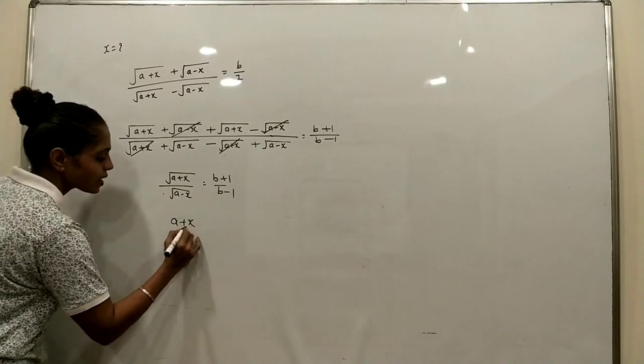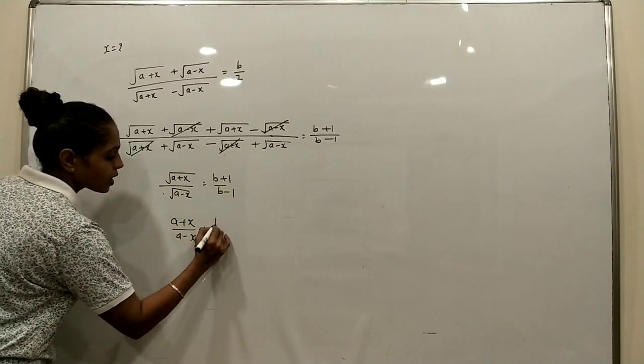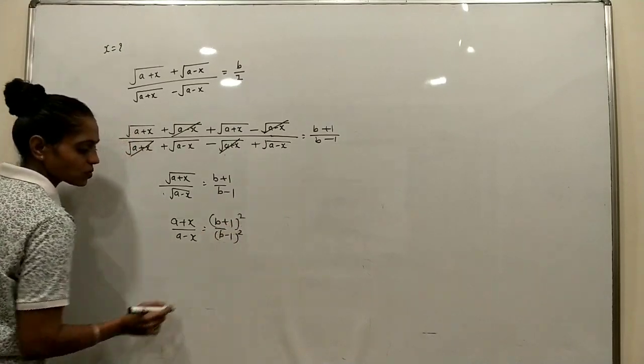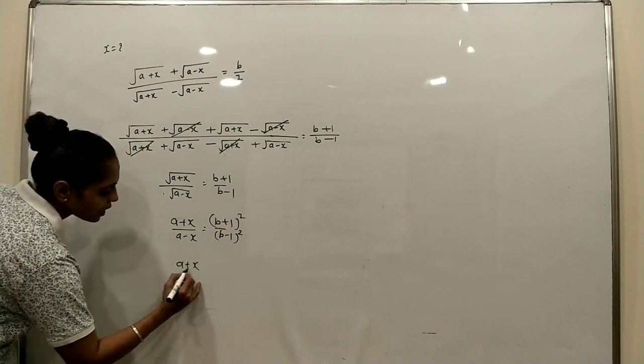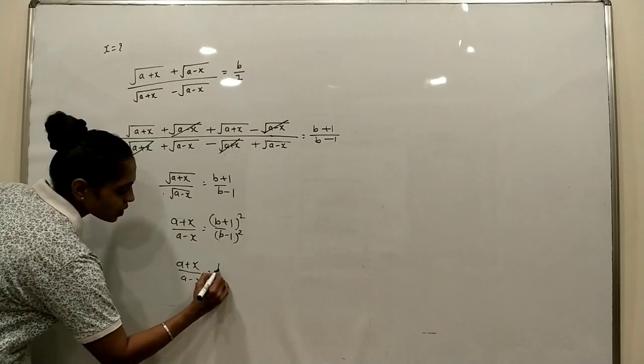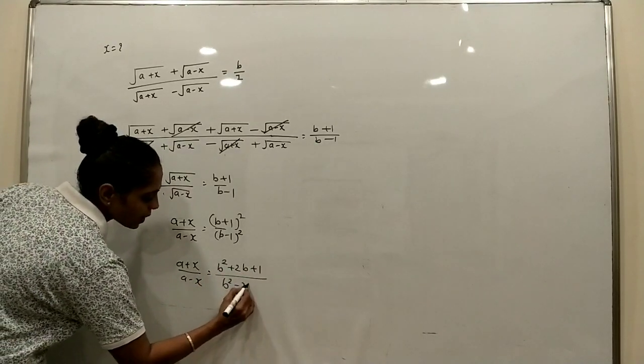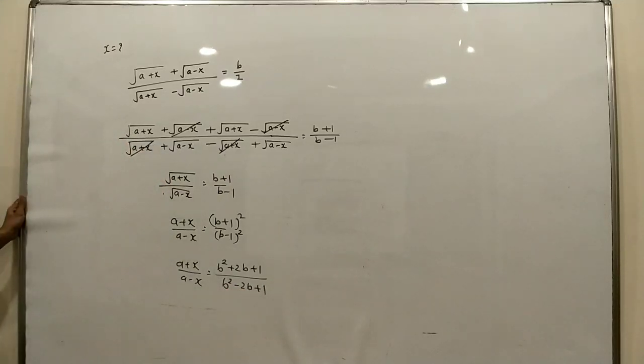So a plus x and a minus x is b plus 1 and b minus 1 the whole square. So a plus x and a minus x is b square plus 2b plus 1, b square minus 2b plus 1. Right? Again componendo dividendo.